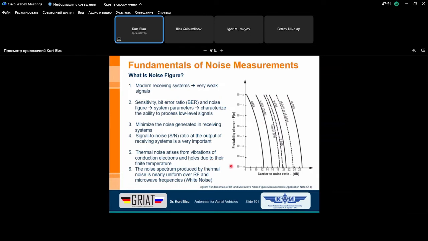Here we see the probability of error, or the error rate, and we can see the higher the modulation degree, or the higher the density of modulation, the higher the so-called carrier to noise ratio has to be.